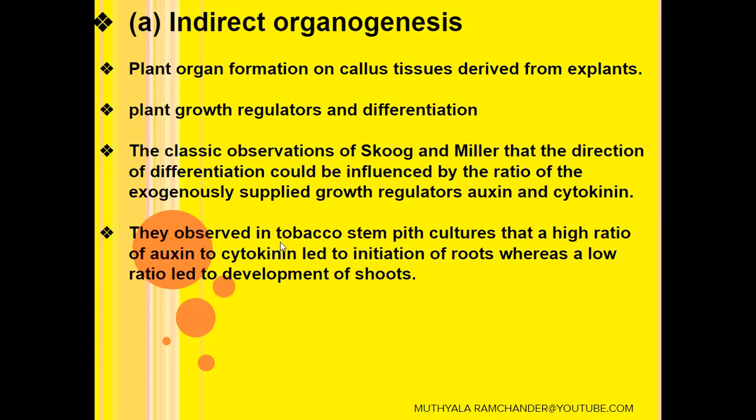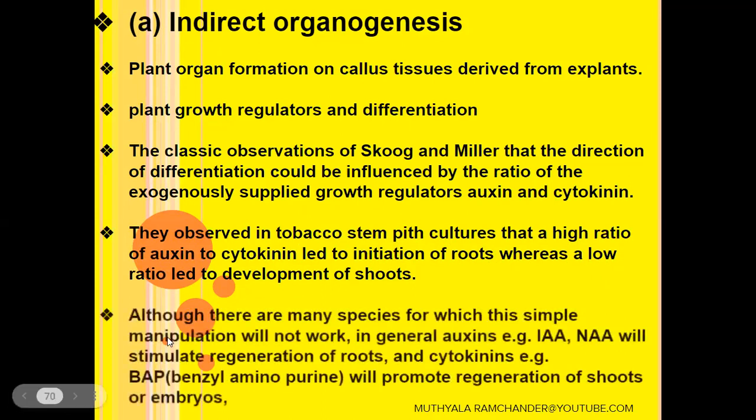They observed in tobacco stem pith culture that a high ratio of auxins to cytokinins led to initiation of roots, whereas a low ratio led to development of shoots.